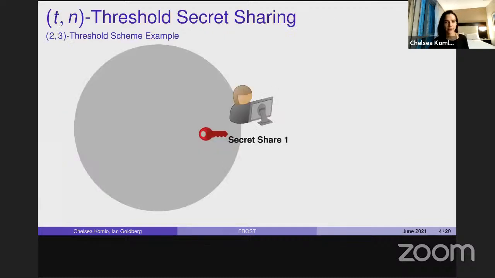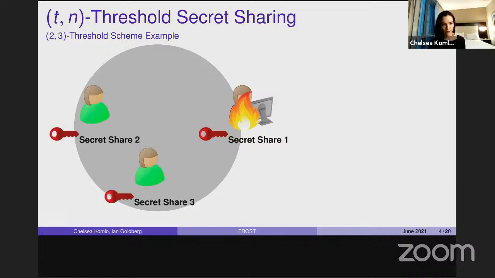So let's look at this a little bit more in detail. I talked about a T of N threshold secret sharing scheme. Here we'll look at a 2 out of 3 example. We have one participant and they have one secret share. Let's say that participant's computer is destroyed. If you weren't using a secret sharing scheme, that secret would be lost forever.